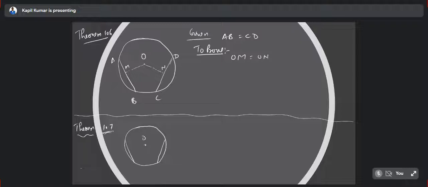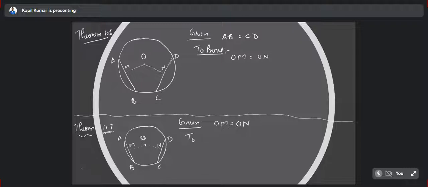This is point O. So in this theorem, it is given that the distance of both the chords from the center is equal. So if this is M and this is N, here we are given that OM is equal to ON. AB, CD.